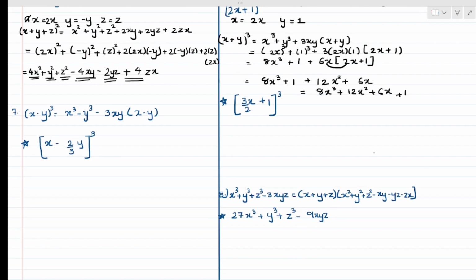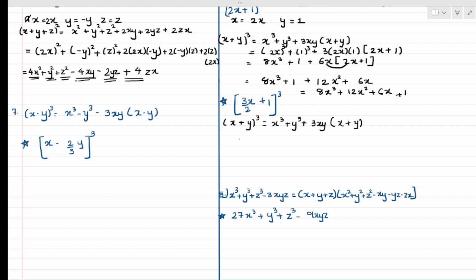Continuing with this equation only, I have one example with a rational form. Okay. So write the formula, write your identity first. Your identity says x plus y the whole cube equals x cube plus y cube plus 3xy times x plus y.